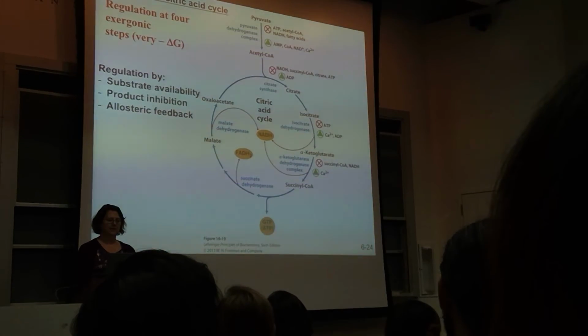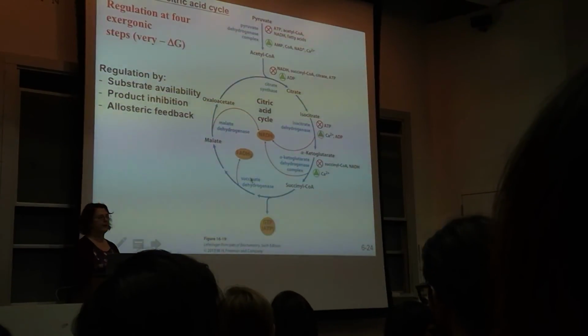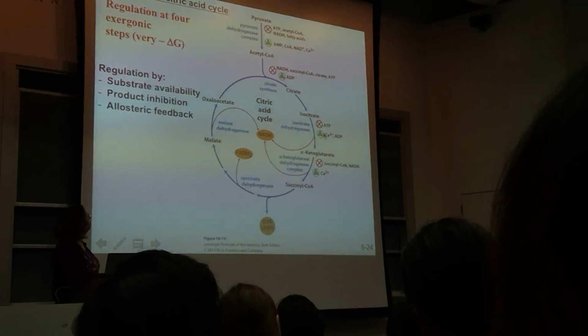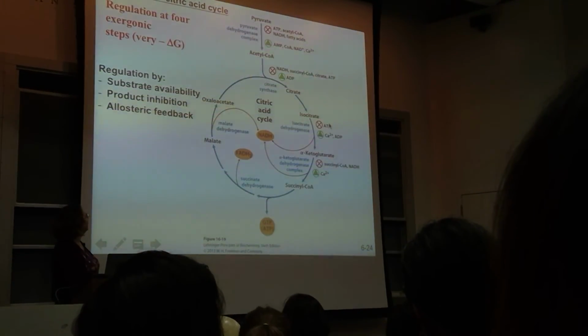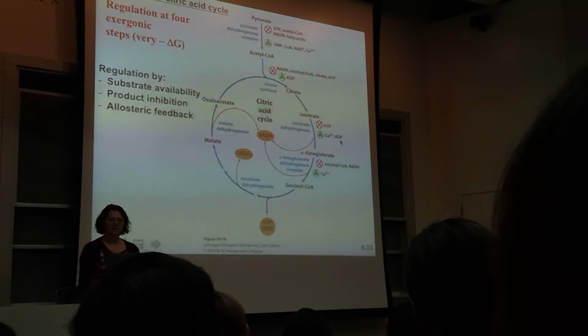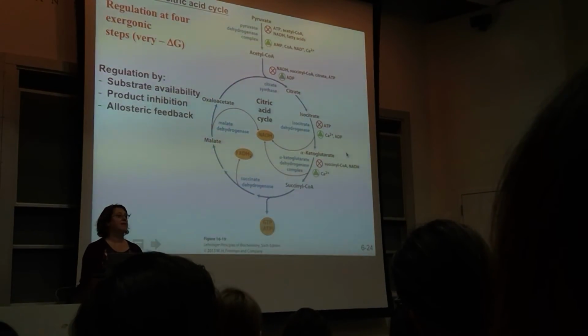All right. So the next one to look at is isocitrate dehydrogenase. And this is negatively regulated by ATP and positively regulated by calcium and ADP. So in these cases, what these are really looking at is the energy level in the cell based on the whole reaction.